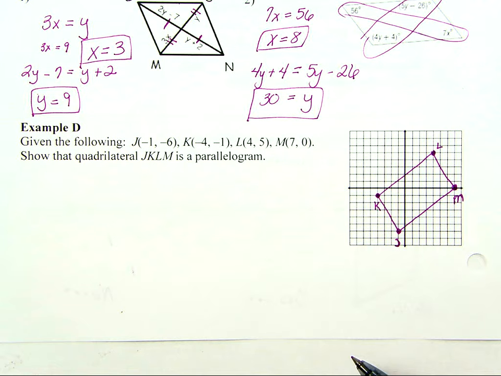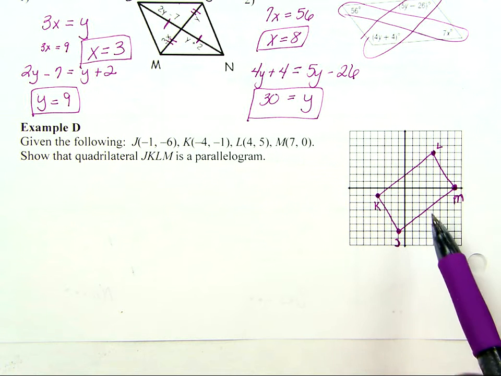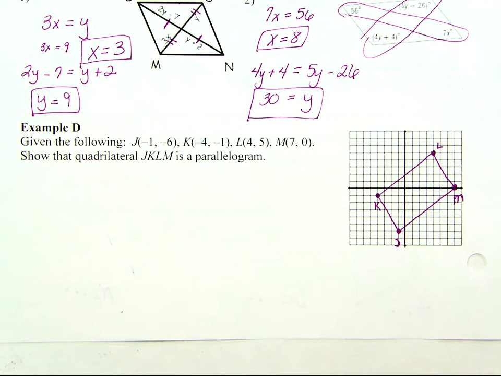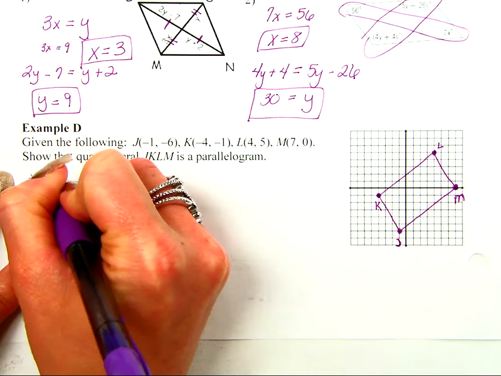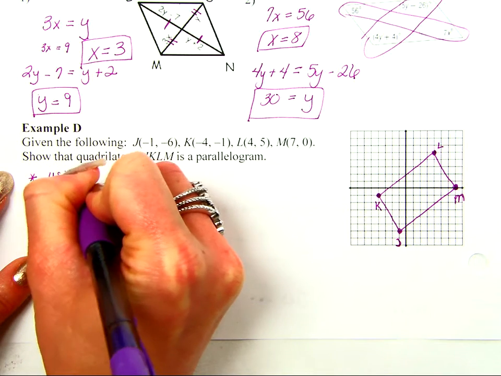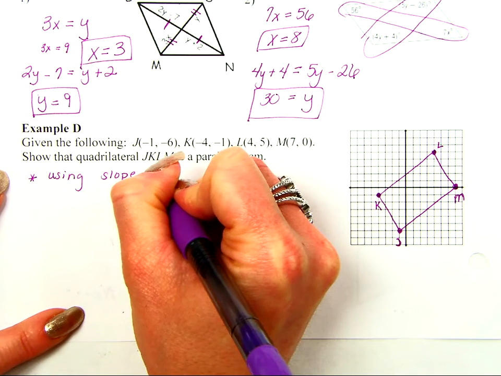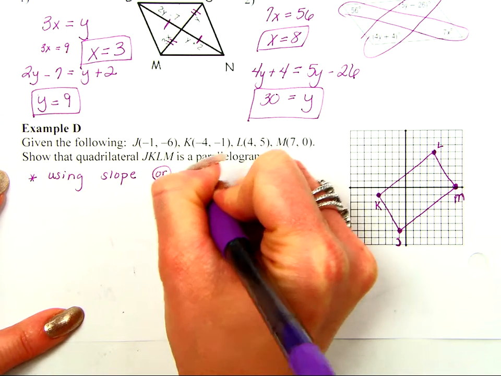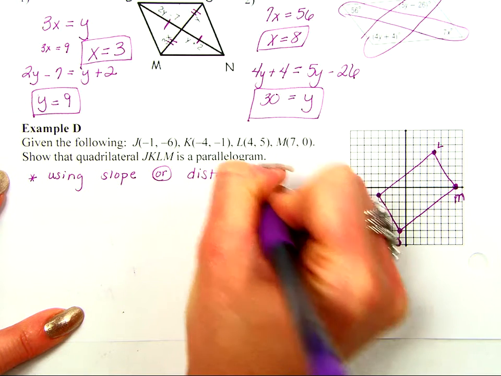But to be a parallelogram also says that opposite sides are congruent, and maybe I could take a look at finding the length, which would mean we'd use the distance formula. So when I take a look at example D, I have a couple options. I could think about using the slope of my sides, or I could think about using the length, which would mean we are using the distance formula.